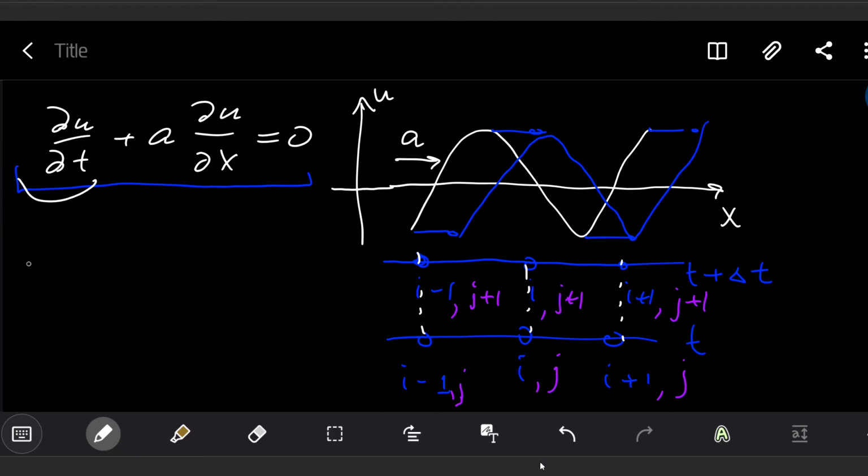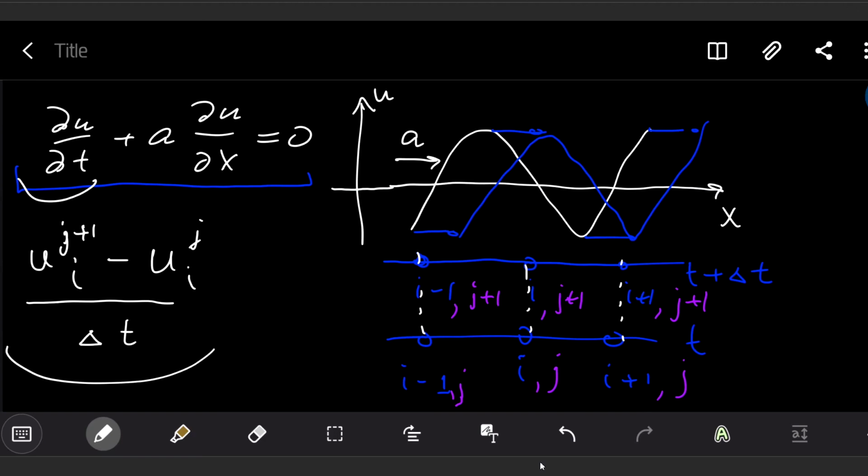We will take the value of the u function at point j plus 1 in time and point i in space, minus the same point in space but previous time step j. We will divide it by delta t, and this will be the equivalent representation of the time derivative.